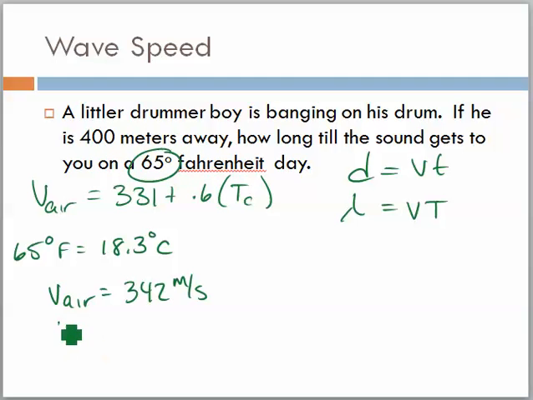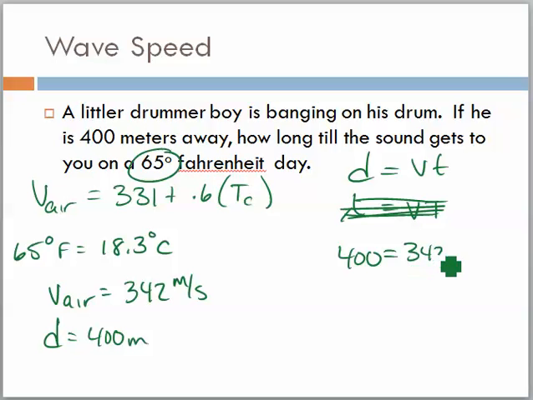So my lambda, or my distance, is 400 meters away. It's not really lambda, it's my distance here. So to find the time that's going to take to get there, I'm going to say 400 equals 342 times t. T then in this case is going to be whatever 400 divided by 342 is. And we get 1.17 seconds.